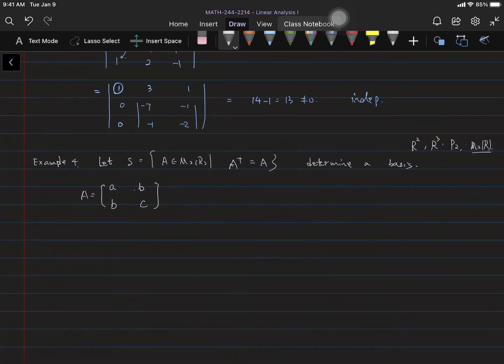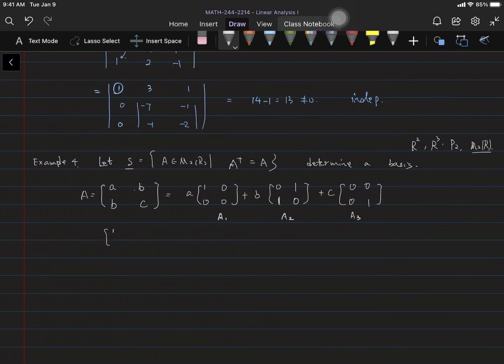So all the matrices have this kind of form, and we can write this as a times [1 0; 0 0] plus b times [0 1; 1 0], because we have b here, so here also b, plus c times [0 0; 0 1]. So those three matrices A1, A2, A3 span this subspace S. So this can be a basis.